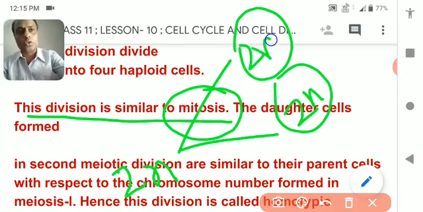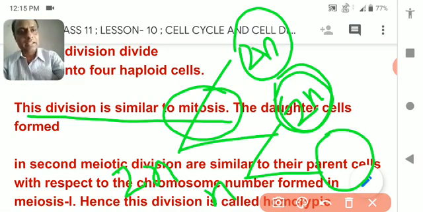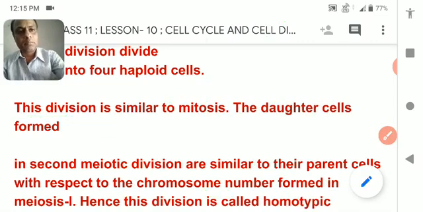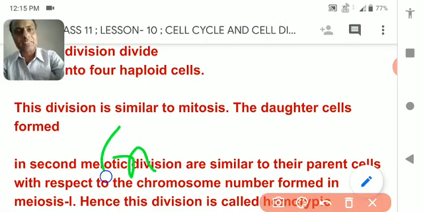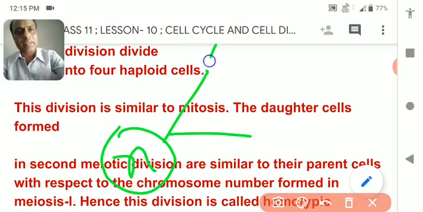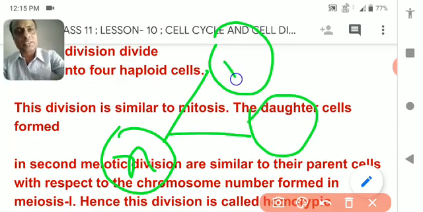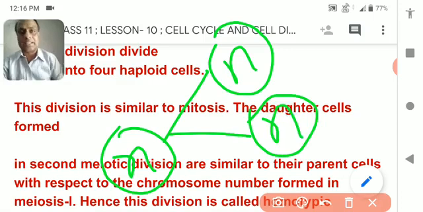The number of chromosomes in each daughter cell is n, and each daughter cell again divides to form 2 daughter cells, and each daughter cell again contains the same number of chromosomes, that is n. Means the number of chromosomes remains the same over here. That's why it is called homotypic cell division, and it is similar to mitosis cell division, and we will study it in the same manner as we have already studied during the course of mitosis cell division.